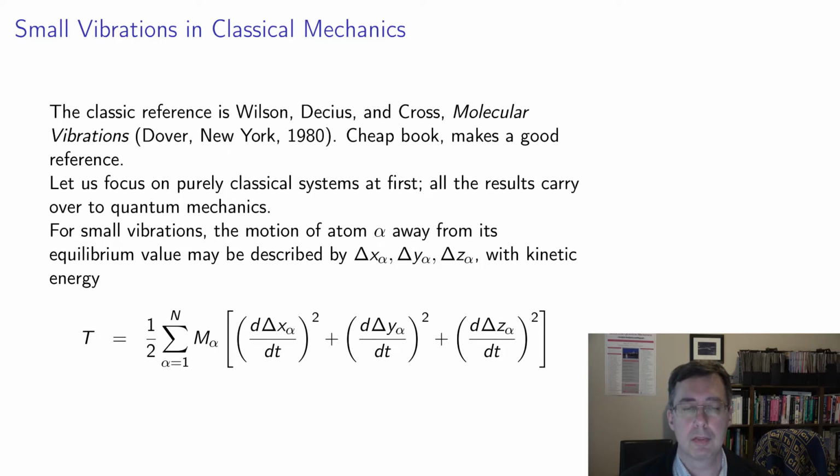So it's the change in this displacement, d delta x alpha, for example, dt. And that's the velocity in the x direction for atom alpha, and then I square it to get 1/2 mv squared. And I do the same thing for y and z for each atom, and I add all those up, and that gives me the total kinetic energy.